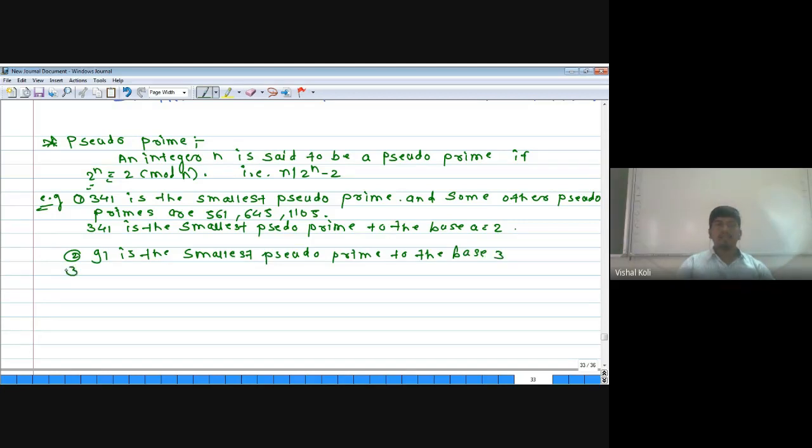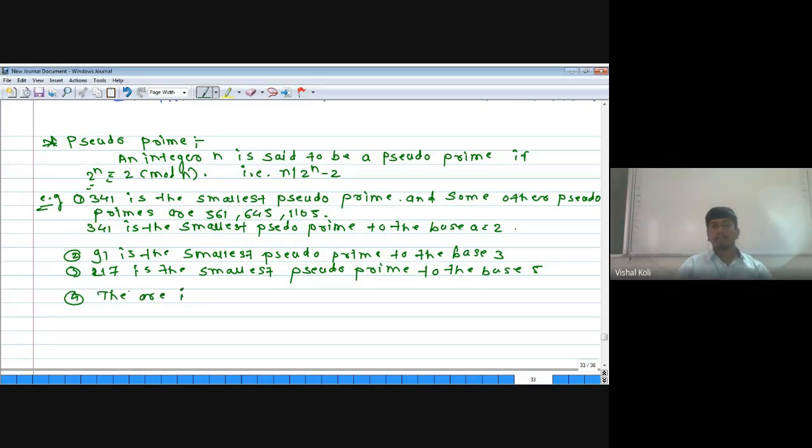Similarly, 217 is the smallest pseudo prime to the base 5. Therefore, from this we conclude that there are infinitely many pseudo primes.